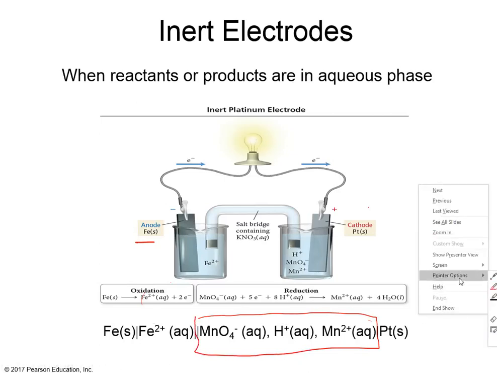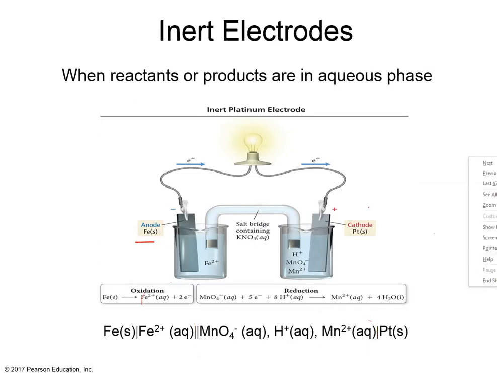Then you add a barrier. Once you add a barrier, then you can put the platinum electrode at the end. So that at the beginning we have a solid, at the end we have a solid. Only that this platinum is not being formed there. The platinum is just there to provide surface for this. So in this reaction, this part is oxidation.